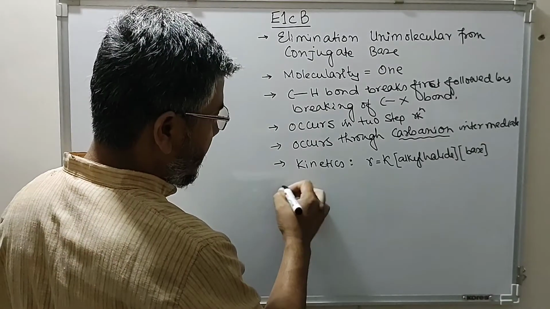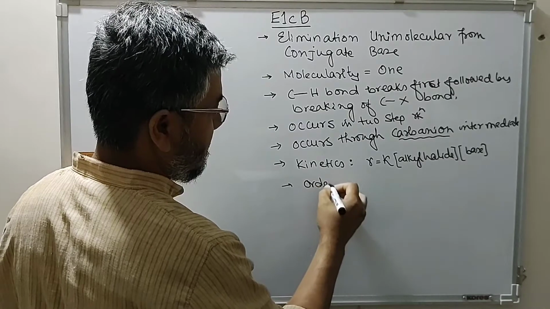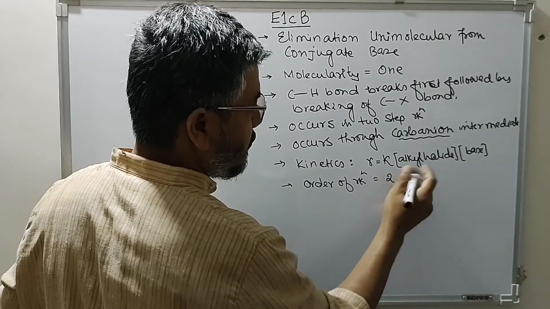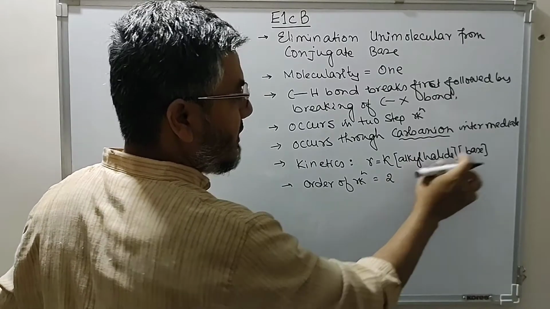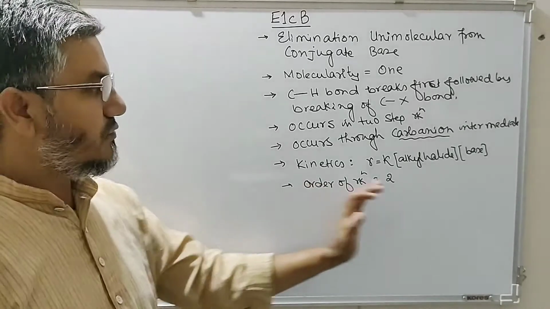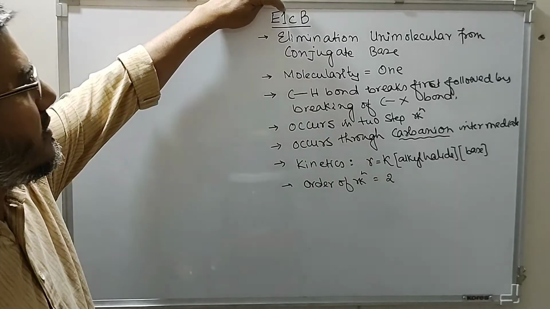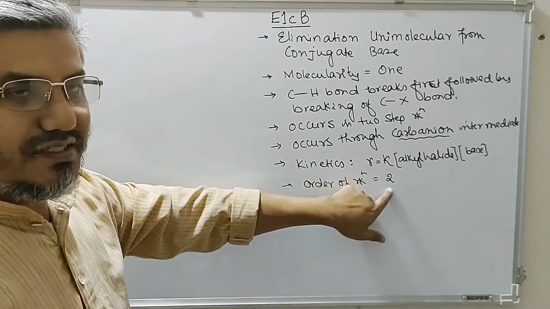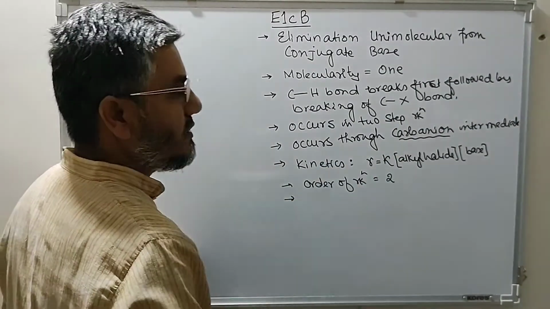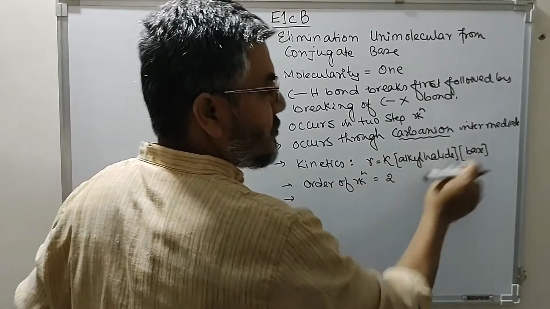So order of reaction is 2. First order with respect to alkyl halide, first order with respect to base. So total order of reaction is 2. So molecularity is 1, order of reaction is 2.